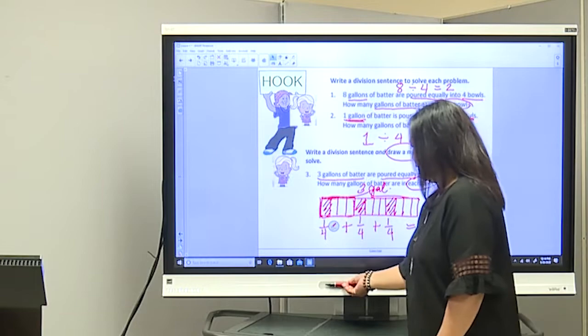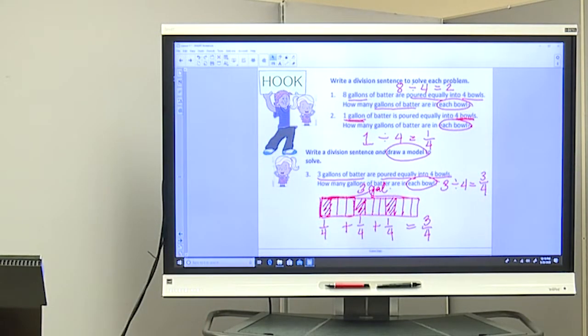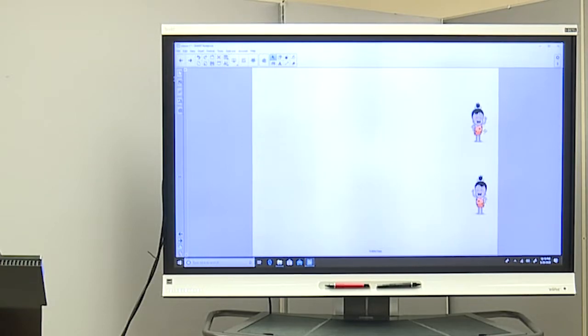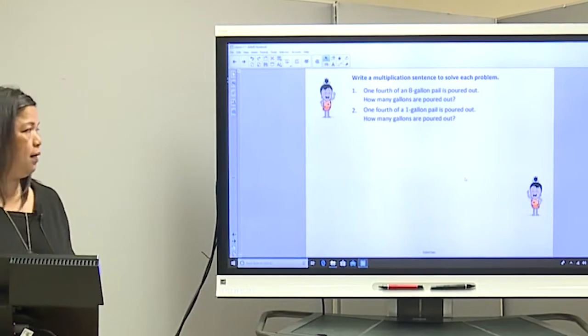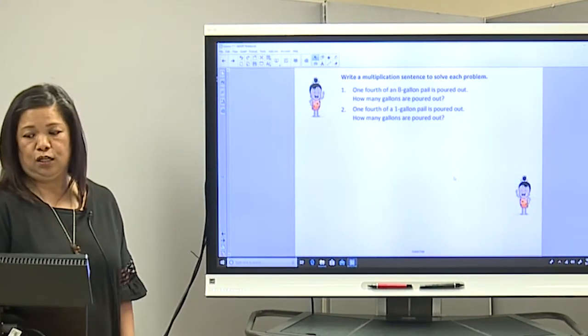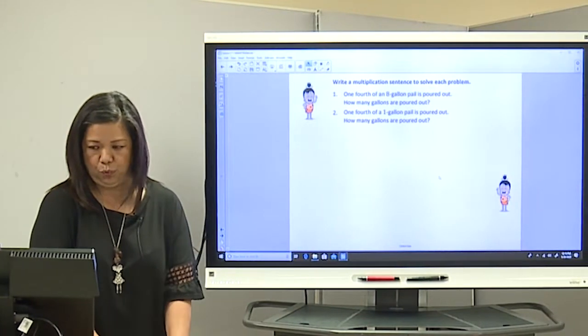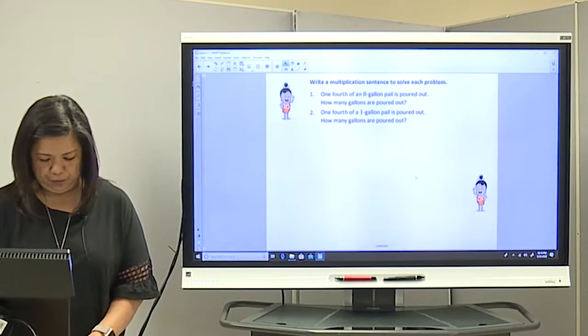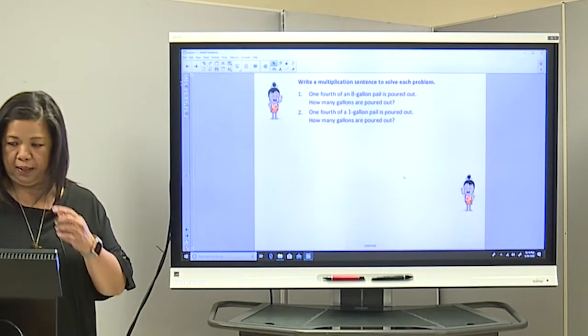All right? Now, let's try another one. This time, we are going to write a multiplication sentence to solve each problem. Read number 1. 1/4 of an 8-gallon pail is poured out.